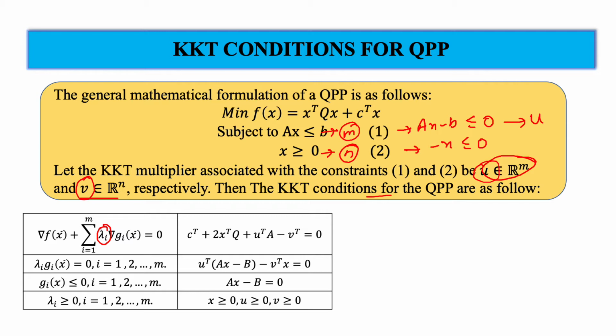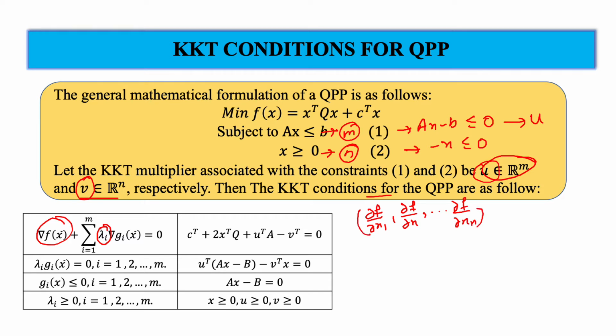The objective function is x transpose Qx plus c transpose x. So let us write down the KKT conditions. What is the gradient of f? If you take the differentiation of f, the gradient of f(x) is del f by del x1, del f by del x2, till del f by del xn.